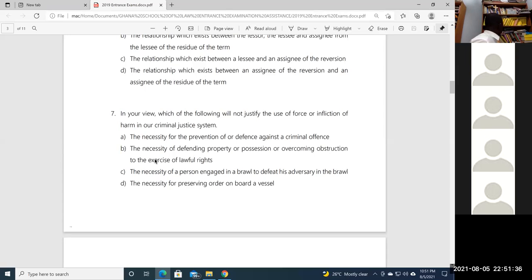So in what respect is the Constitution relevant in talking about the permissible use of force and infliction of harm? Before we come to Act 29, can anybody explain?